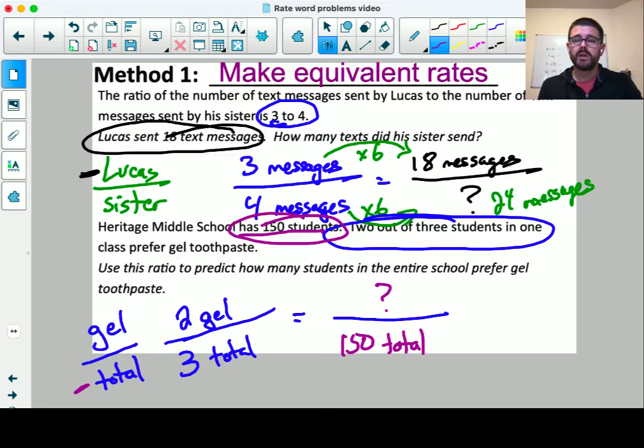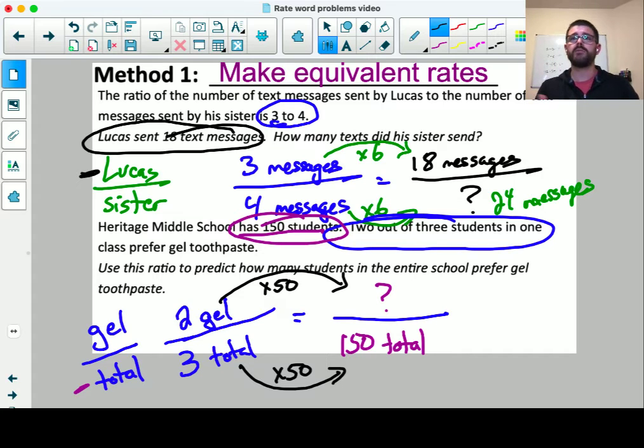Okay. Now again, I look to see, can I go easily from one to the next? Well, to get from 3 to 150, I just multiply times 50. So I'm going to do the same thing up here. I'm simply going to multiply times 50. As long as I can treat both parts of that rate equally, they're going to stay equivalent to each other, which means we've been able to use our equivalent rates to get from one to the next.